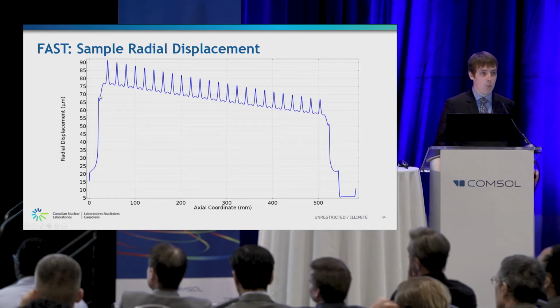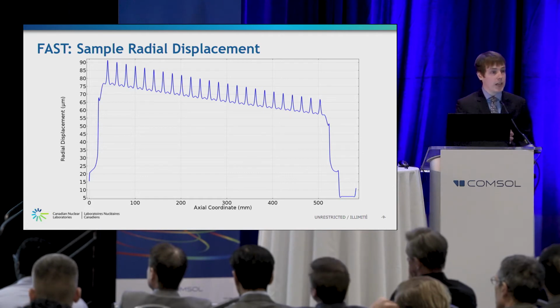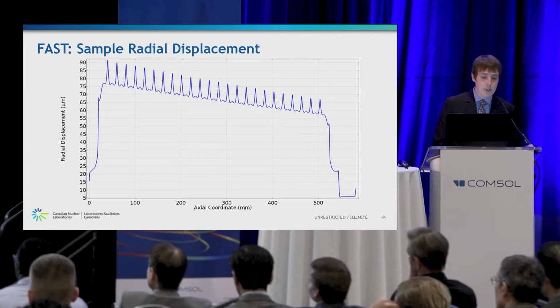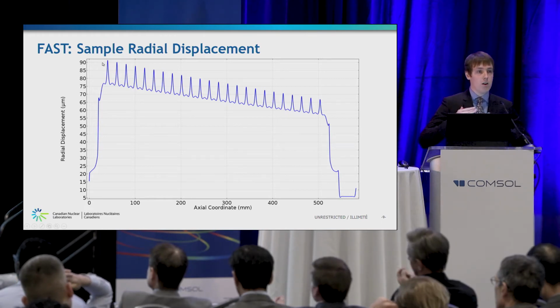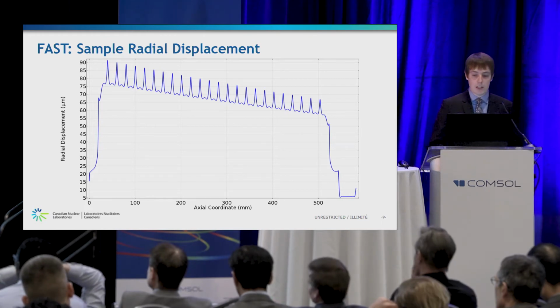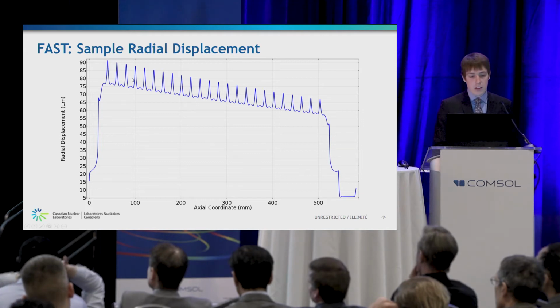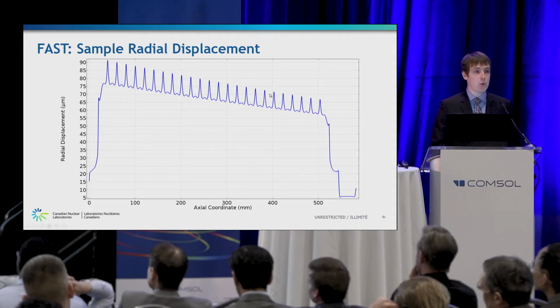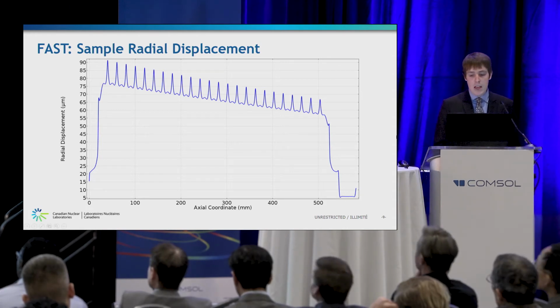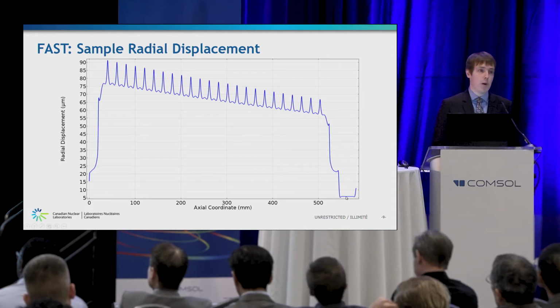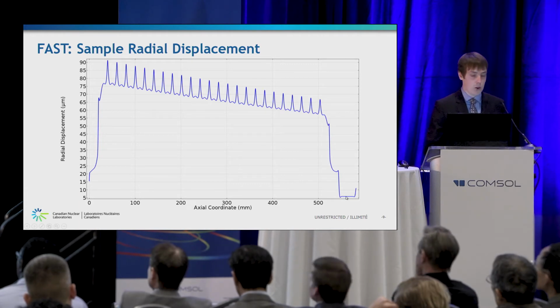Then we have a pellet where some of the heat is moving in the axial direction. And each of these spikes corresponds to one of those areas where two pellets meet and push into the cladding. The overall linear part is due to the gradient in the power based on where it's in the reactor. And then at the end, we have an empty space to accommodate the fission gas. So that's called the plenum.